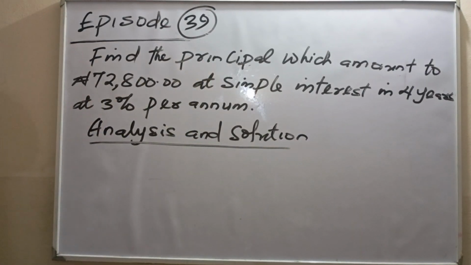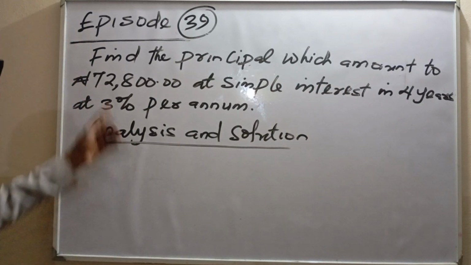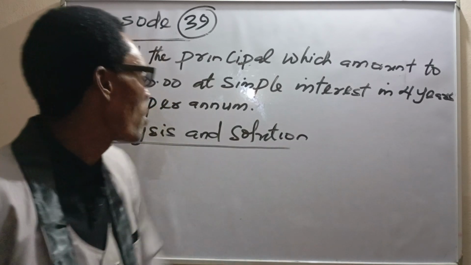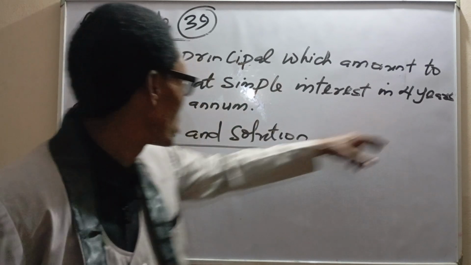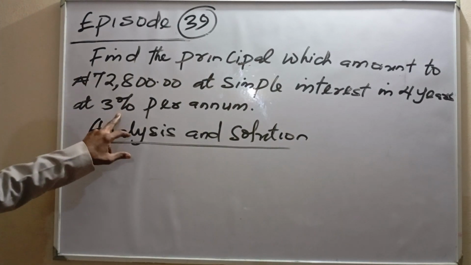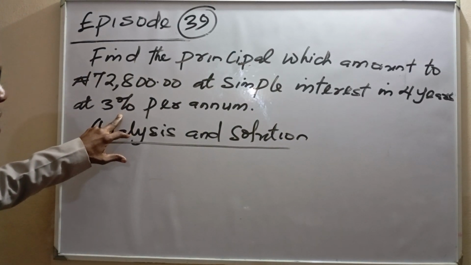Here we are asked to find the principal which amounts to this at a simple interest in 4 years. So here we are given the amount, the years, and the rate percent.